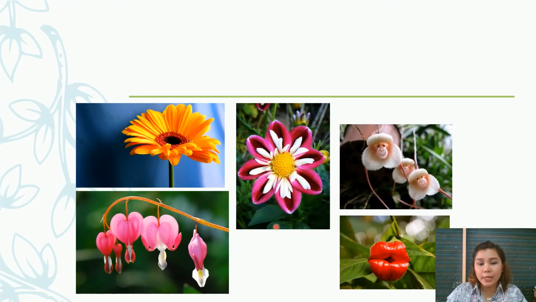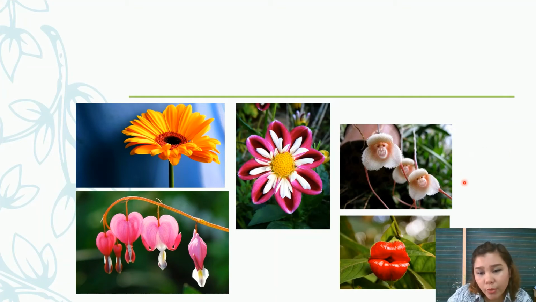Next one, this is a plant part which comes in different colors, in different sizes. May malaki, may maliit, may cute, may maganda. And then, some, they smell good. Minsan naman yung iba, hindi mabango. And then, others still look pretty, but they don't have smell.